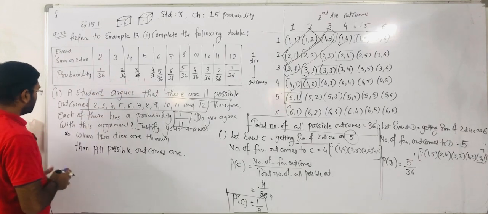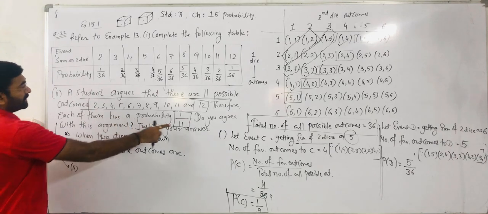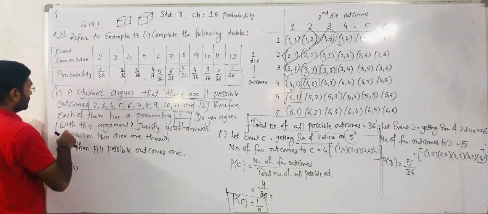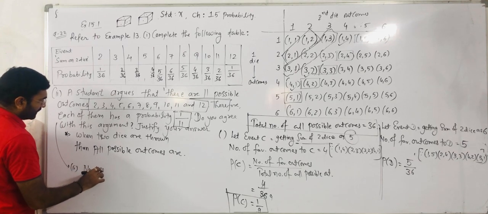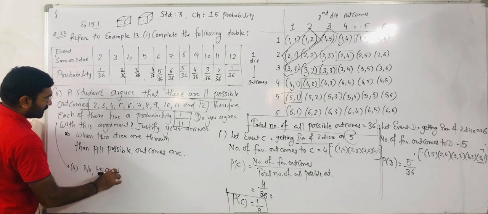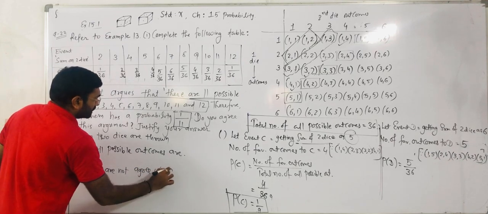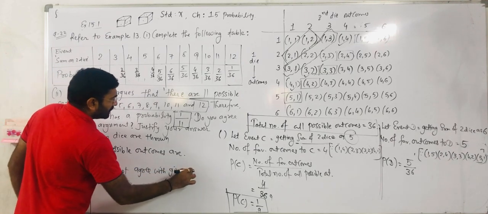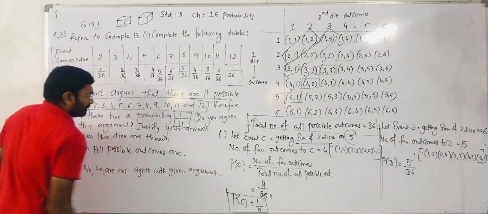Right? So in question number 22's answer we have to mention: the first question is, do you agree with this argument? So we have to write no, we do not agree with the given argument. And they said justify your answer. Why do we not agree?